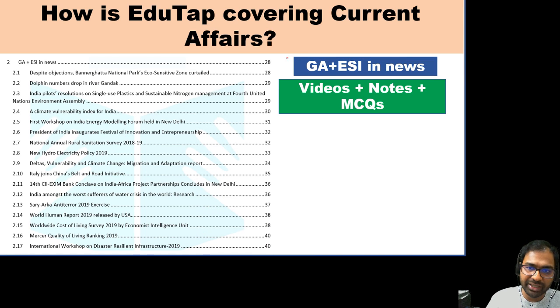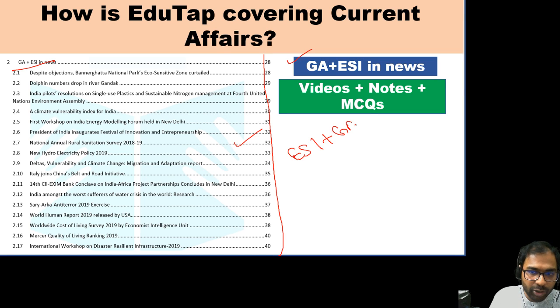Let's talk about GA plus ESI. Now this snippet has been taken from the magazine itself. GA plus ESI, all these topics are important for not only ESI but GA also, because these topics have been picked up keeping the syllabus of ESI in mind. We have internalized the syllabus, which I request all of you to do.